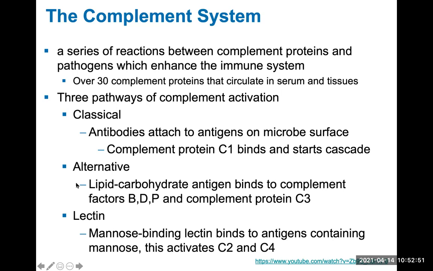And then lastly, you have the lectin pathway, where the mannose binding lectin that you always have circulating binds to the antigen and activates different complement proteins called C2 and C4. All right, so let's look at that.